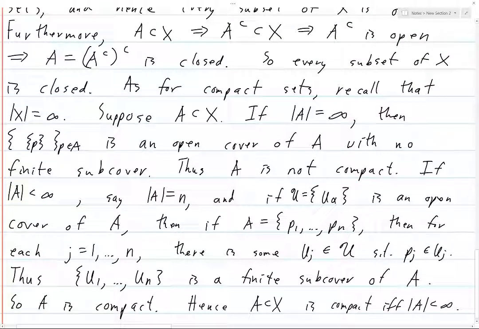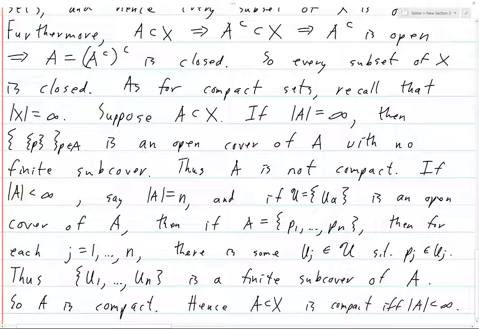Now, one thing to note here. Heine-Borel doesn't work here. So, closed and bounded are not the same as compact. We see that because every single set here is closed, and the distance between any two points is at most 1, and so every set is bounded as well with respect to this metric.